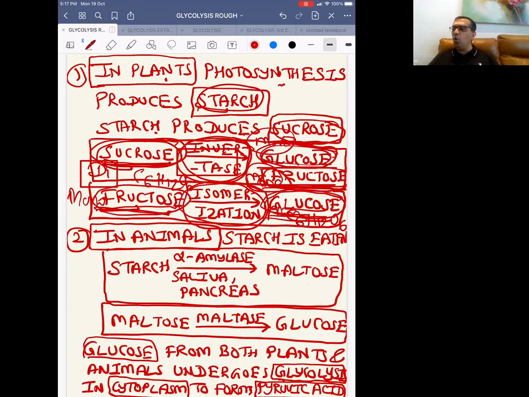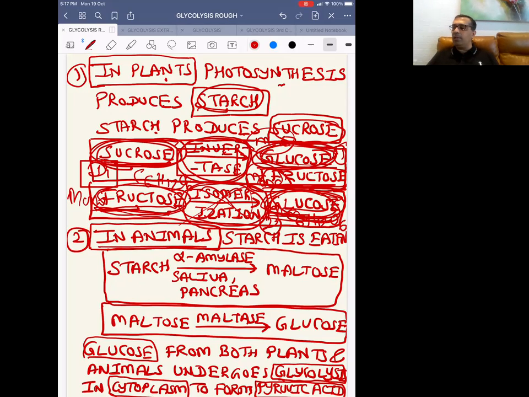Now we are having two glucose molecules. पहला सुक्रोज से ग्लूकोज बना था, सुक्रोज से ग्लूकोज और फ्रक्टोज बना था, और फ्रक्टोज से अब और एक ग्लूकोज बन गया. So eventually we are having one molecule of glucose directly produced and one molecule of glucose produced by isomerization. Thus two molecules of glucose are present, and both glucose molecules will now undergo the process called glycolysis.